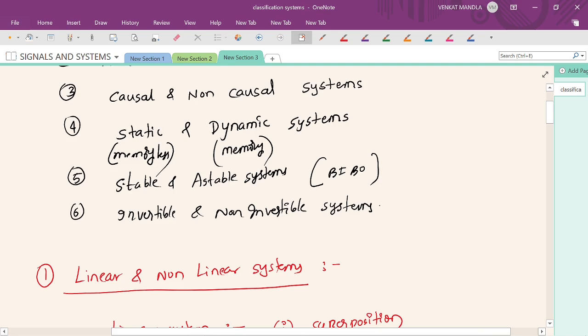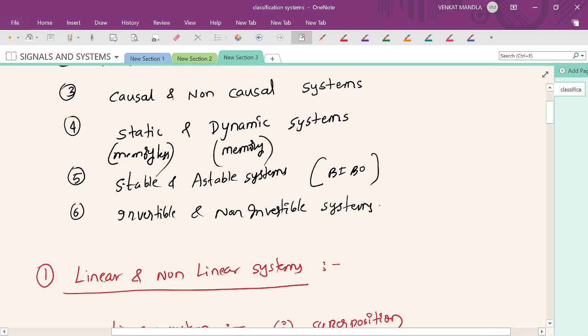And invertible and non-invertible: if an inverse system exists for a system, then the system is said to be invertible. Or if it is possible to get the same input x of t from y of t, then the system is invertible.